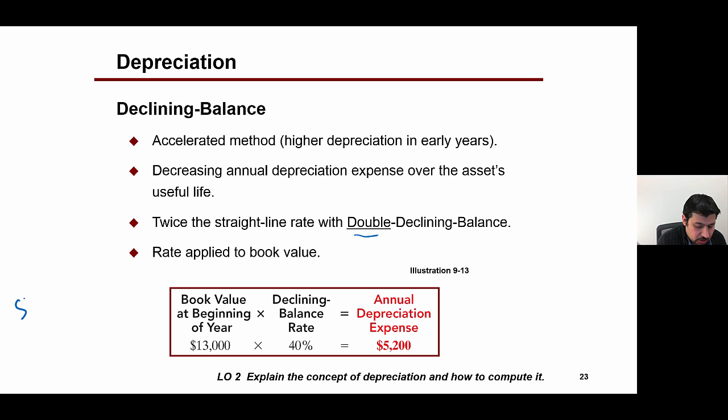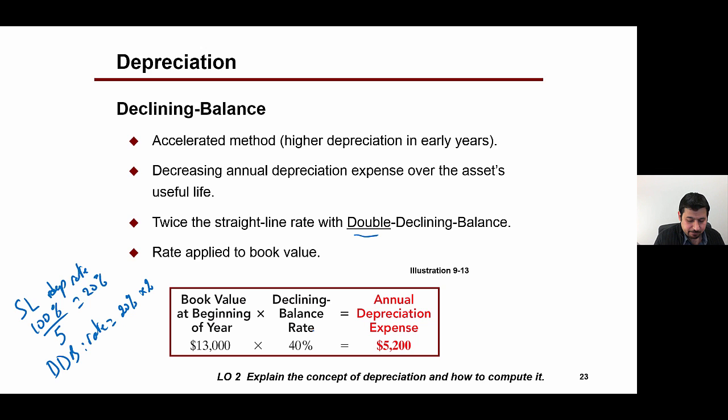So the straight line depreciation rate, we calculated as 100% divided by 5, which is 20%. For the double declining balance method, the rate will be 20% times 2.